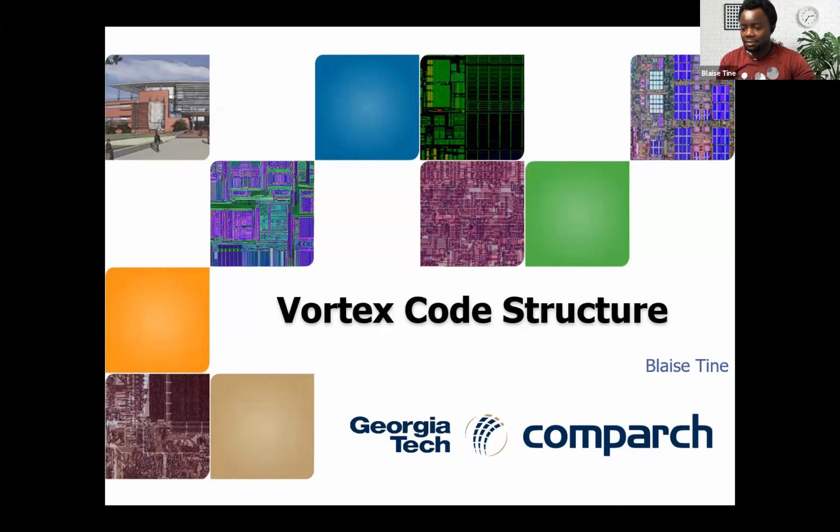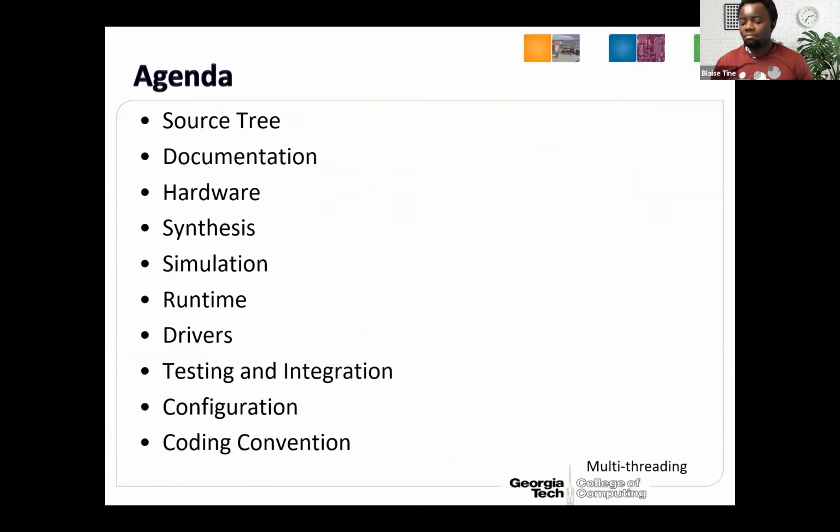So this is going to be a little longer presentation. I will be going through the structure of the current code base that we have. We describe a little bit what the source tree looks like, where we have documentation, the section where we have the hardware code, the synthesis, simulation, the runtime, the driver.